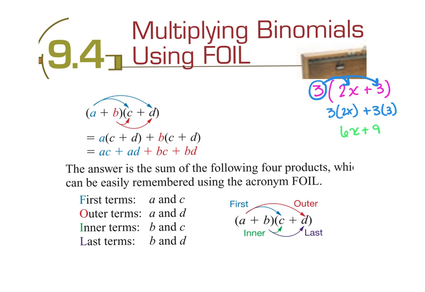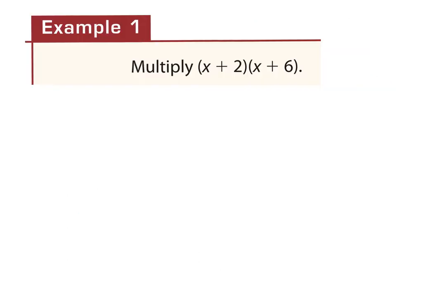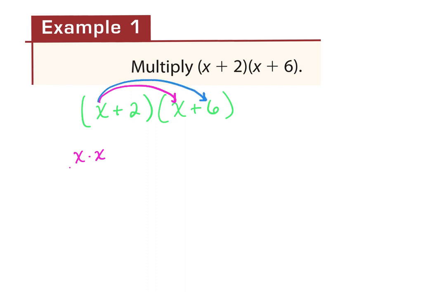First, outer, inner, last. All right, so we have x plus 2, and we are multiplying it by x plus 6. So our first terms are x times x. So this would be my first term. My outer terms, that would be x times 6.